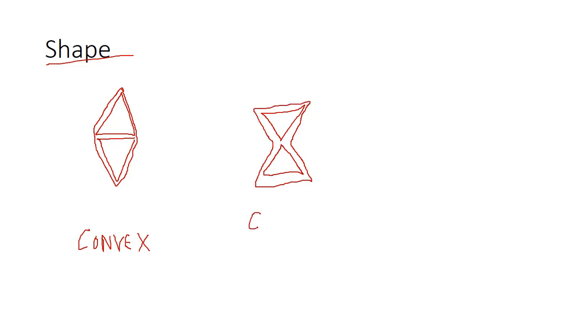This is a concave lens. Concave lens is opposite to a convex lens, that is, they are thin in the center and thick from the periphery.